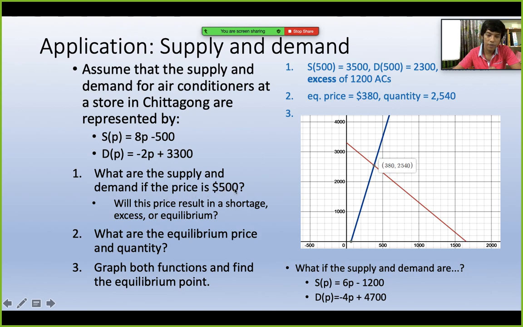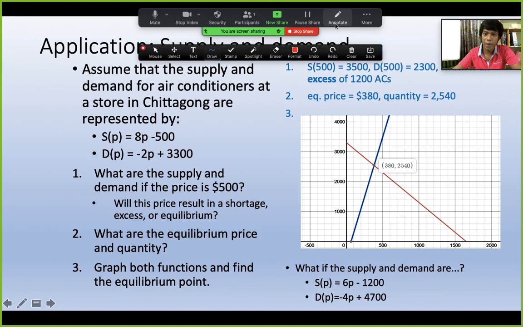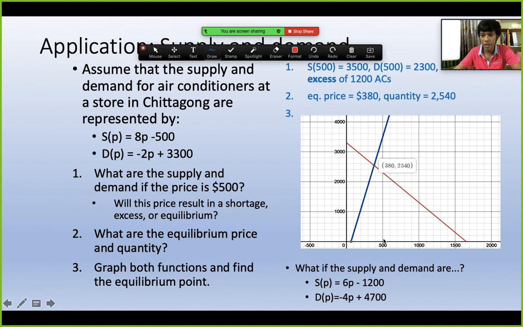This is different. $500 is the price, so you put it here in the price. Then you get that. What is happening at $500? If you are interested, this is not related to this math, but you can actually look at the graph, and you will see that $500 is here, and this is not equilibrium. $500 is too much for that company.